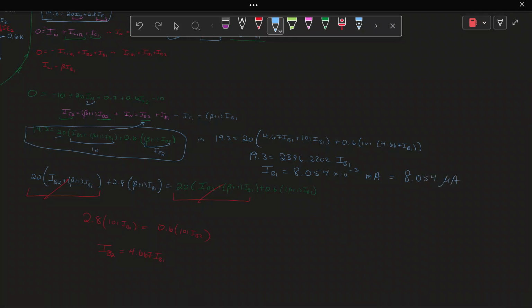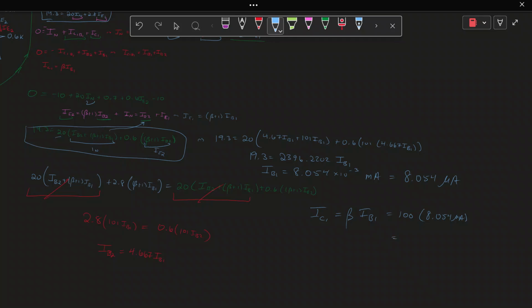But were we asked to solve for IB1? We were asked to solve for IC1. And the relationship between IC1 and IB1 is beta IB1 is equal to IC1, or 100 times 8.054 microamps.